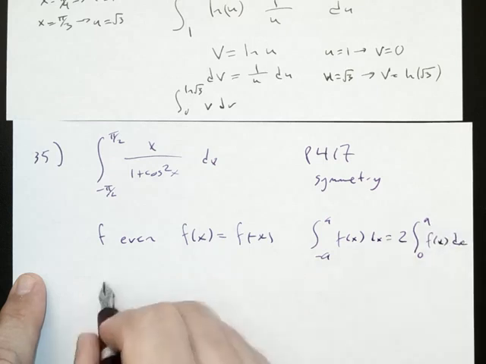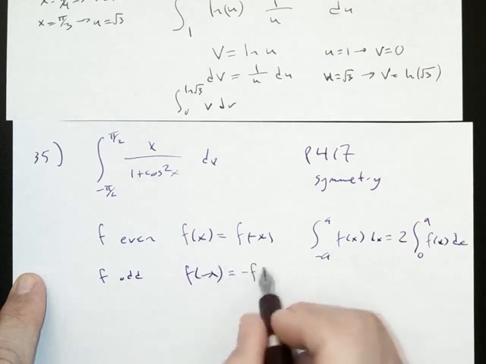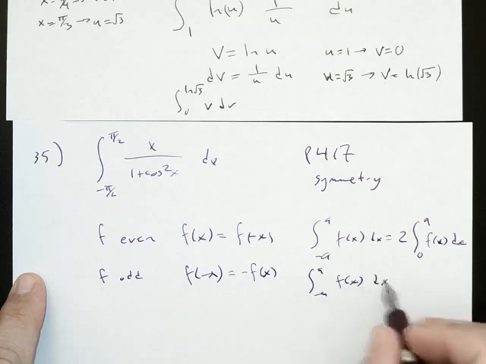If f is odd, f of negative x equals negative f of x, then the integral from negative a to a, f of x dx equals 0.